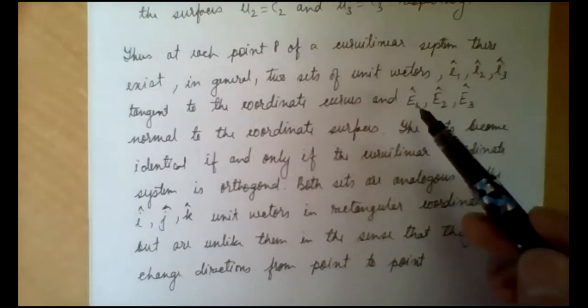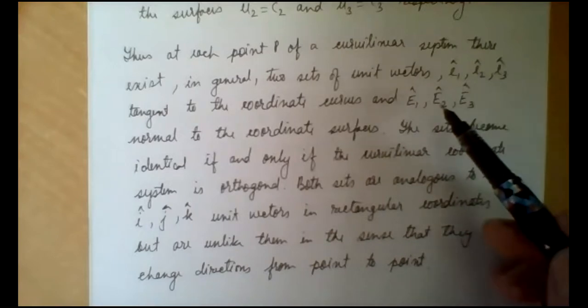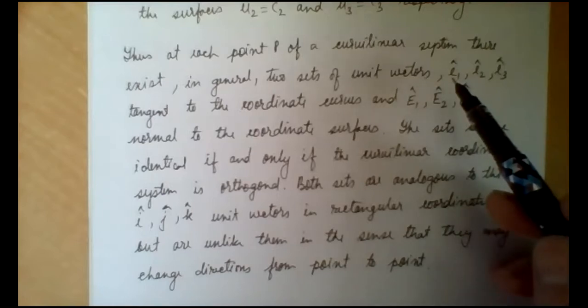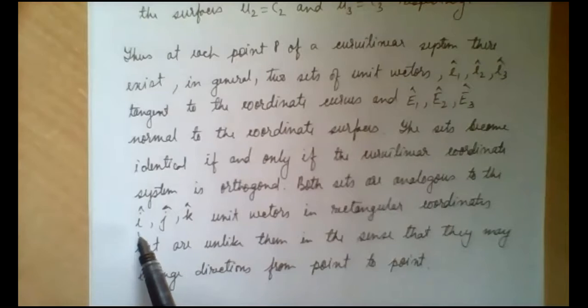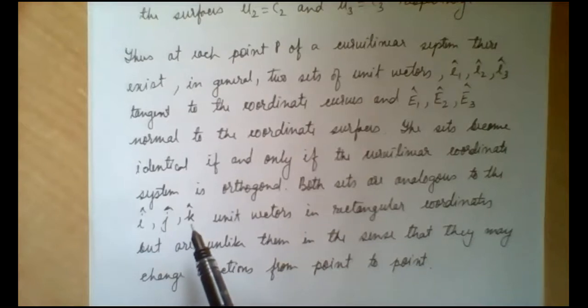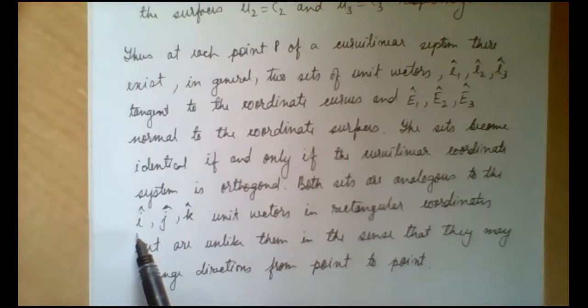Small e1 in the Cartesian coordinate system we call i hat, small e2 j hat, small e3 k hat.